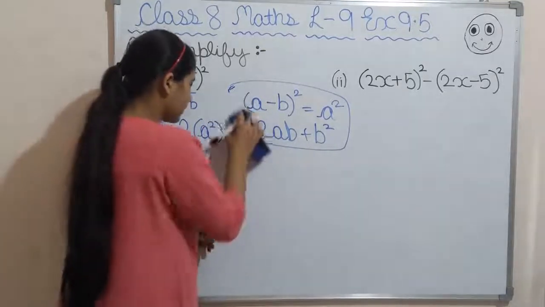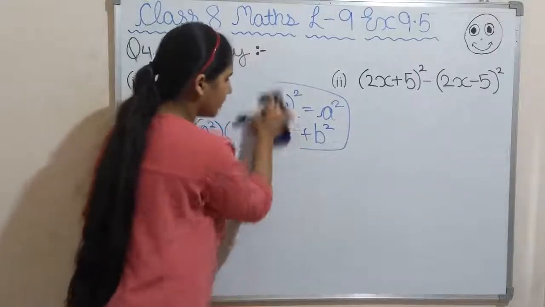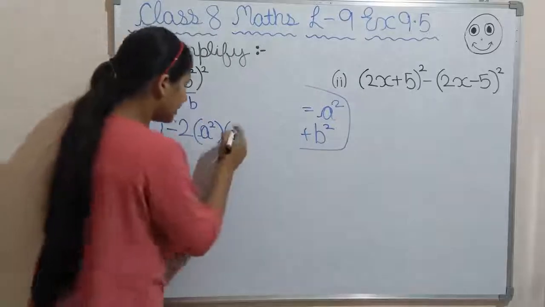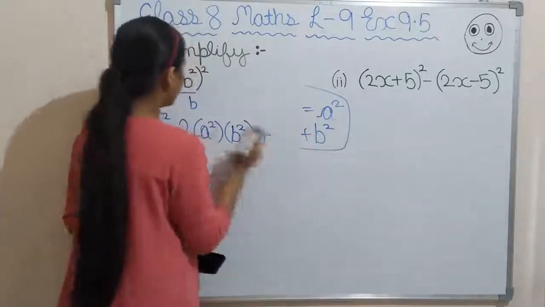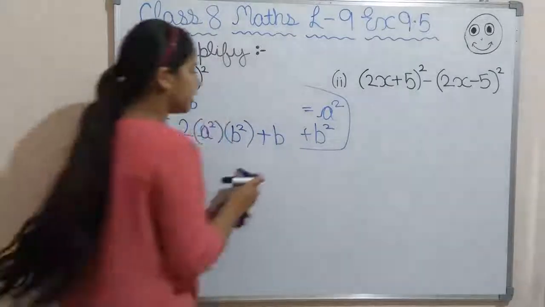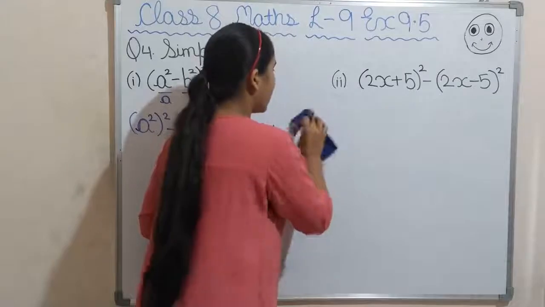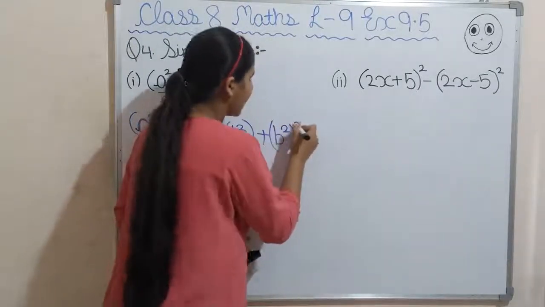Then b square as it is: (b square) whole square, as both will have squares.